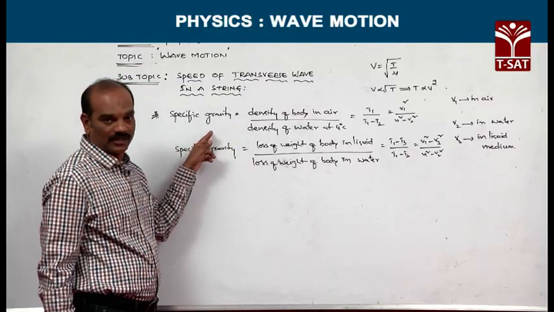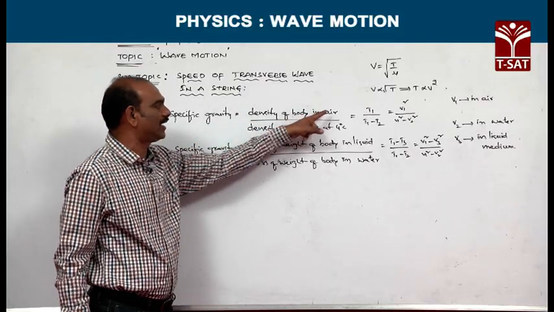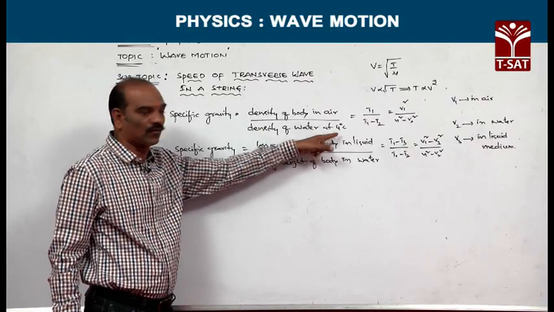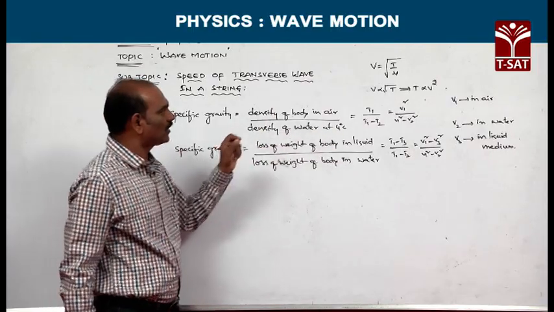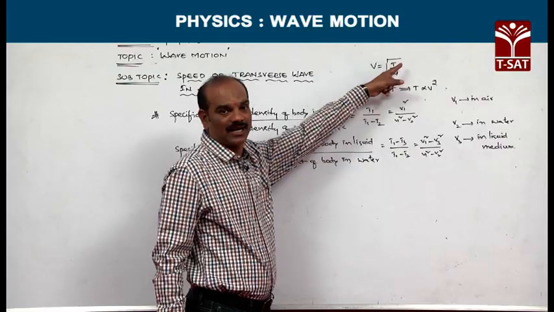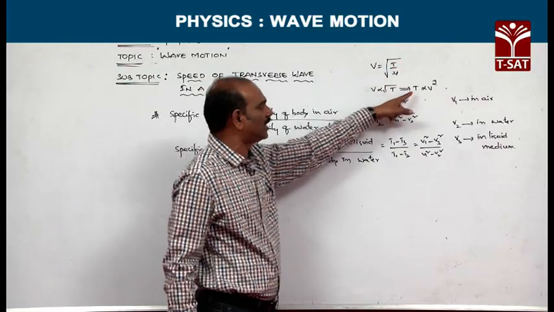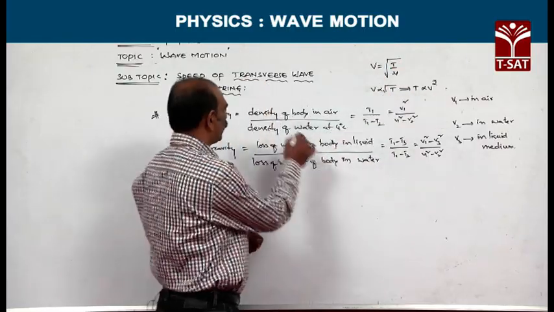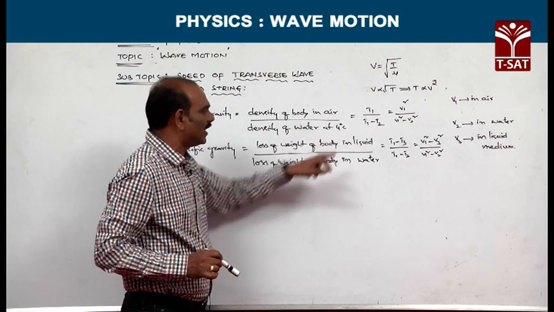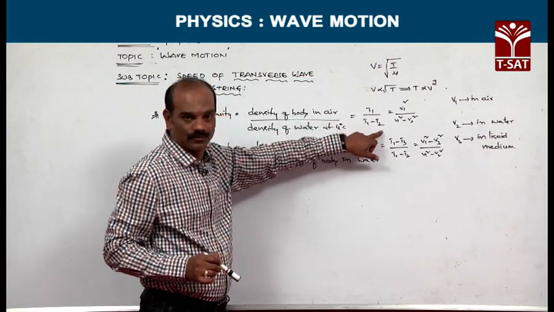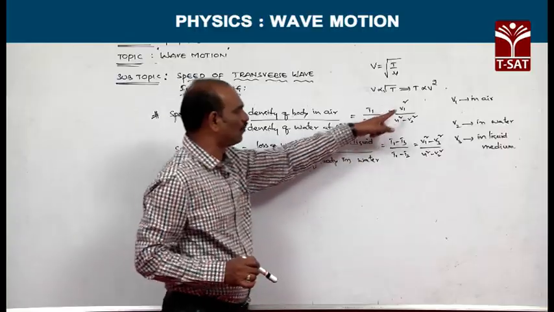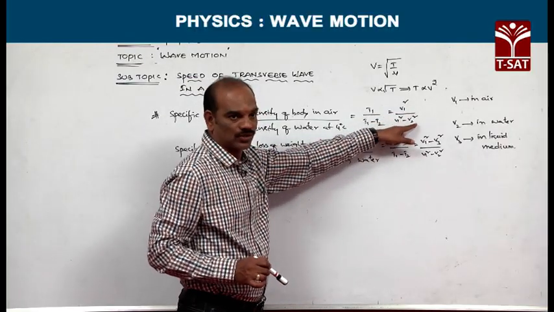One form of specific gravity is the density of the body by the density of water at 4 degrees centigrade. We know that V is proportional to root T, or T is proportional to V square. Therefore, this value can be replaced by T1 by T1 minus T2, which is also equivalent to V1 square by V1 square minus V2 square.